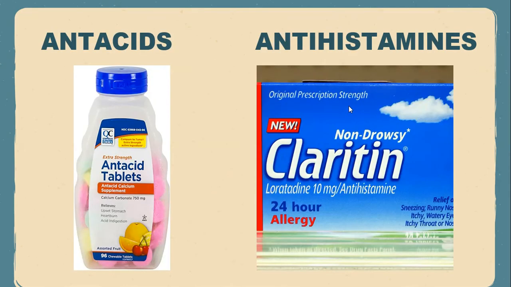Then we have antacids. Antacids are also known to cause dehydration because of the moisture they require when being absorbed by your body. Drinking plenty of water can reduce the dry mouth, stomach cramps, and dry skin that is sometimes associated with antacids.